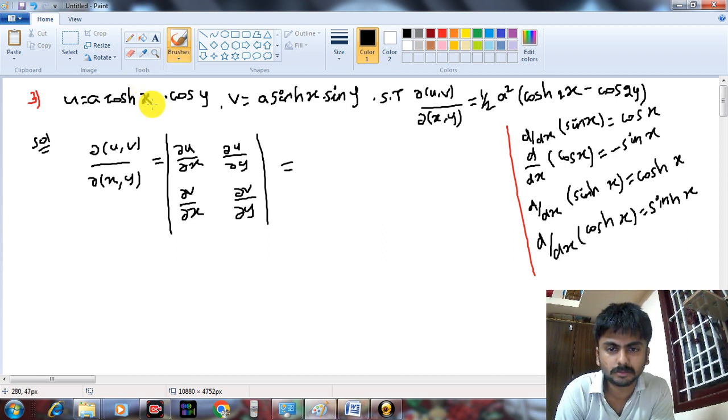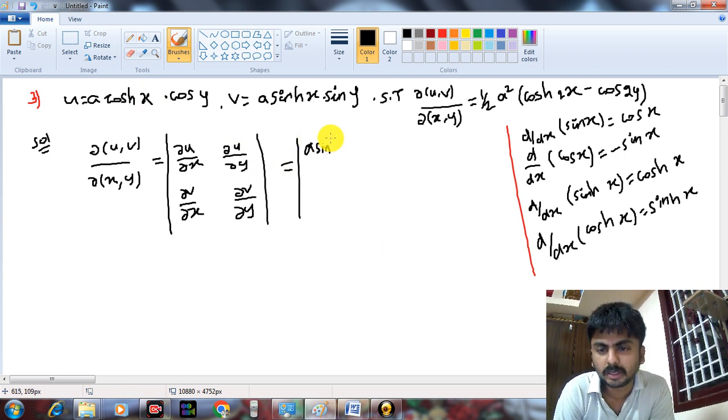With respect to x I am going to differentiate. So cos y will act as a constant, so we will have a sinh x into cos y.